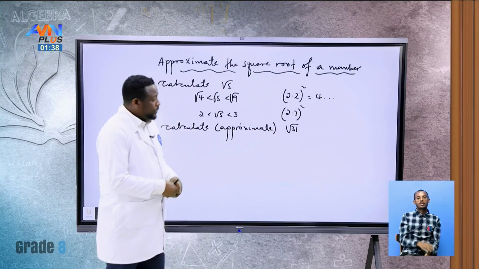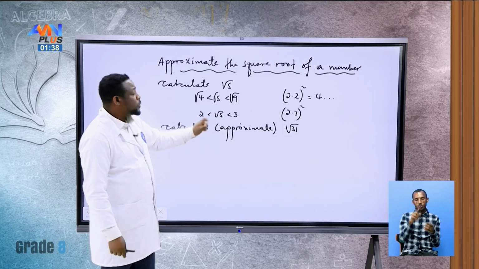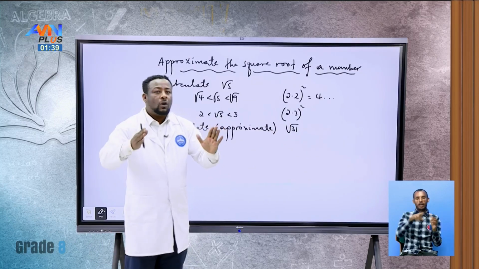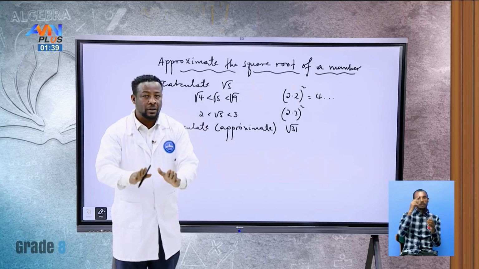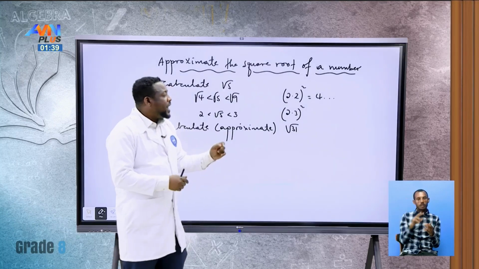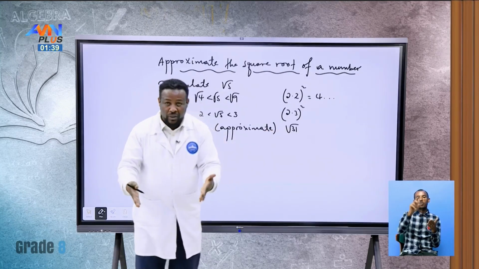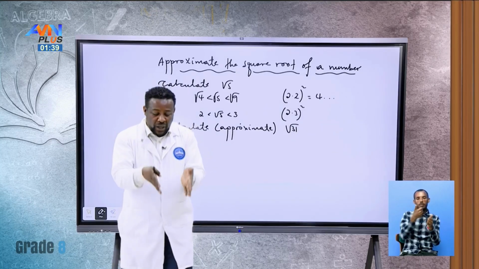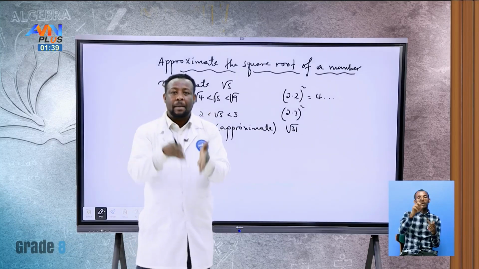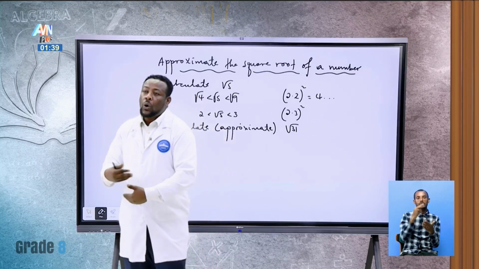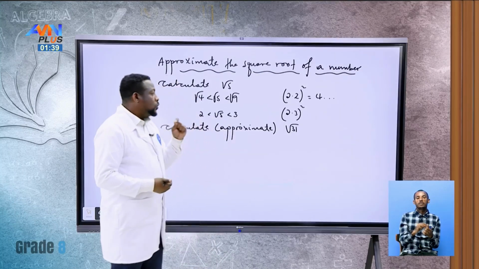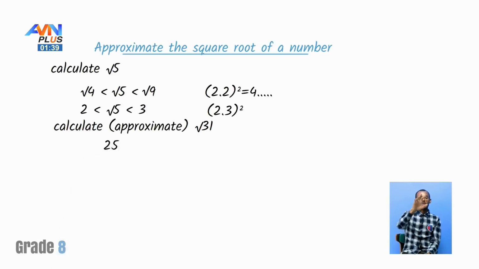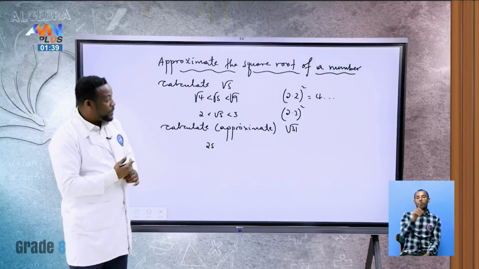So whenever you are approximating numbers like radical 31, think of some perfect squares, okay? Where is 31 found? You need to find 2 consecutive perfect squares between which 31 lies. You can take 25, one perfect square.